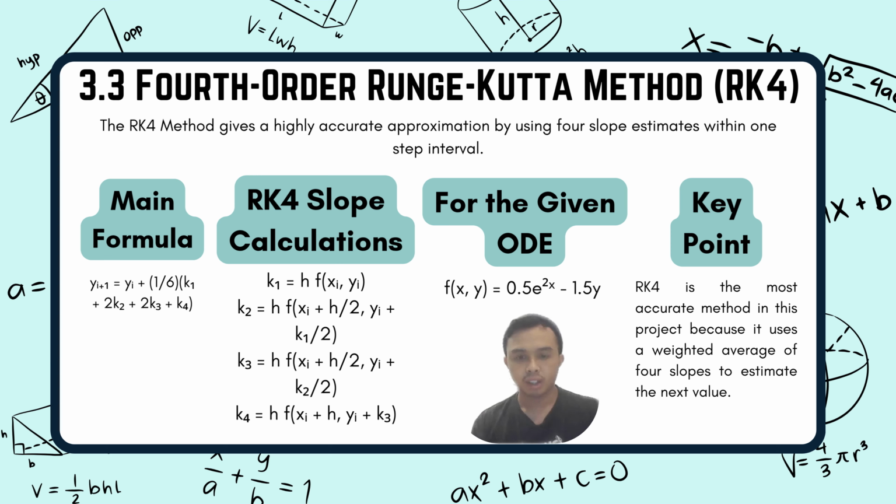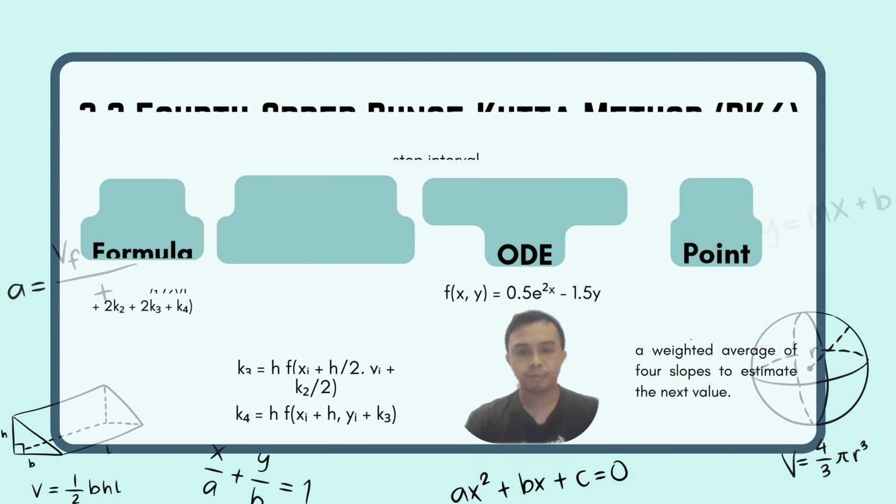For this project, all four slopes are evaluated using the function f(x, y) = 0.5 e^(2x) minus 1.5 y. RK4 is the most accurate method in this project because it uses a weighted average of slopes to estimate the next value.